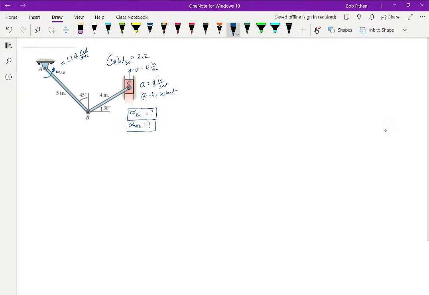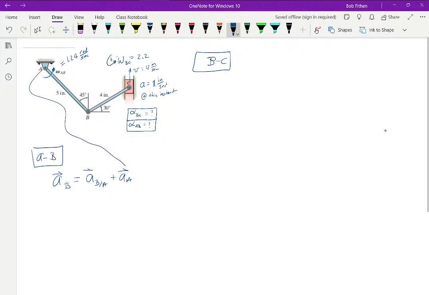I have a link A to B, and I have a link B to C. Here on this particular medium, I can separate them a little better. On the board, I was kind of compressed. Acceleration of B is equal to the acceleration of B relative to A plus the acceleration of A. Since point A doesn't move, that's pretty easy. Now, how is the acceleration of B? Well, it can occur two ways.